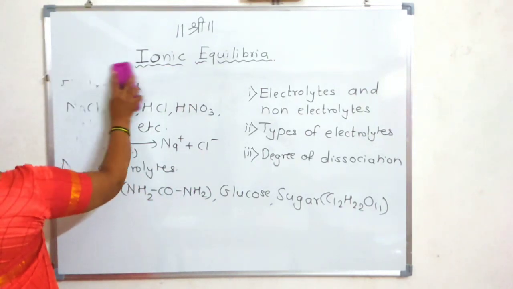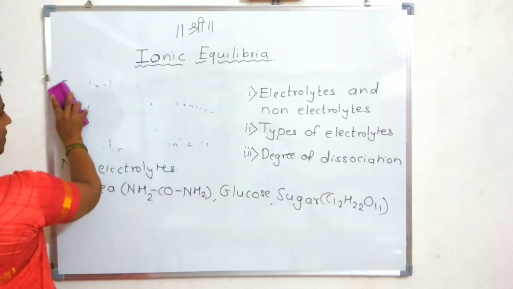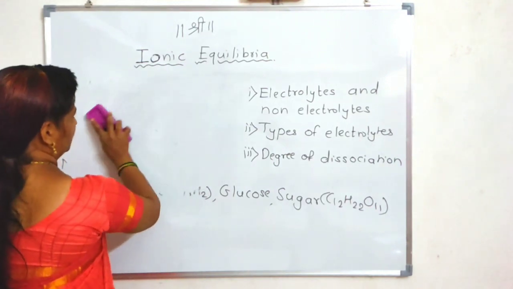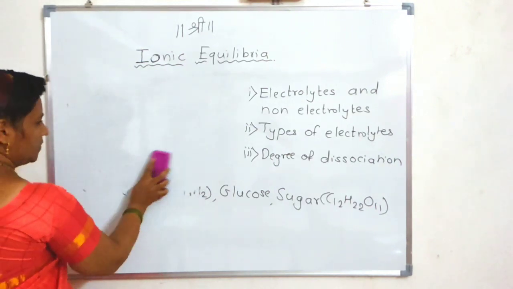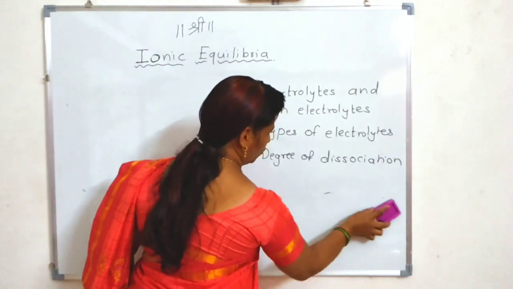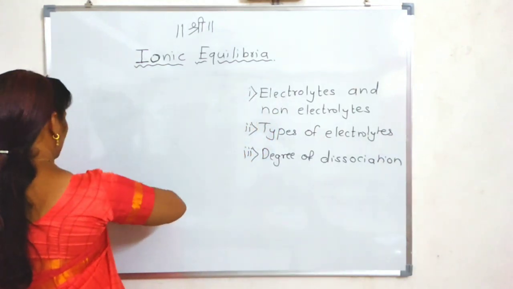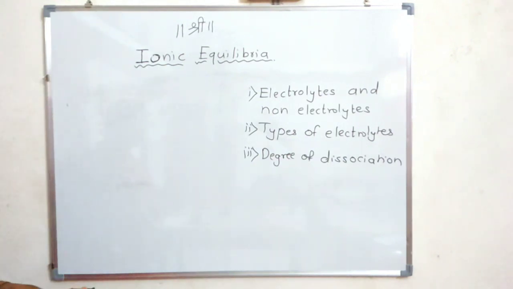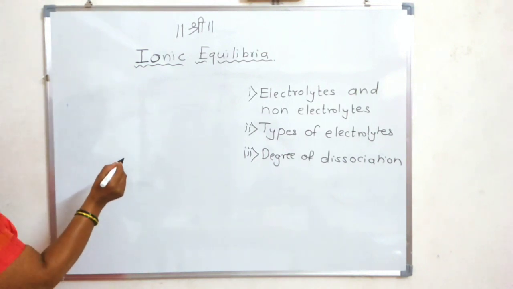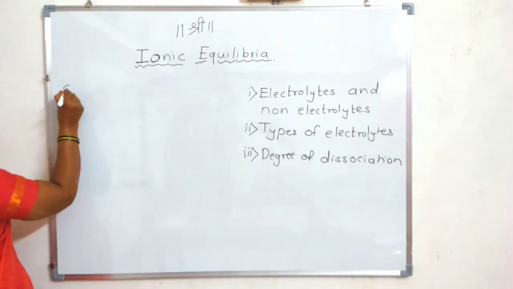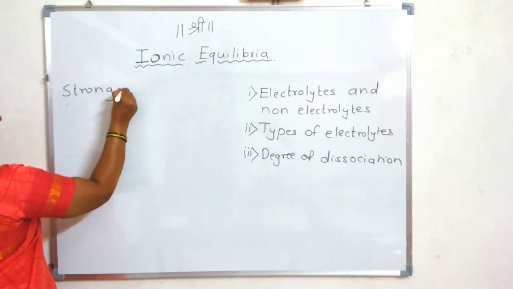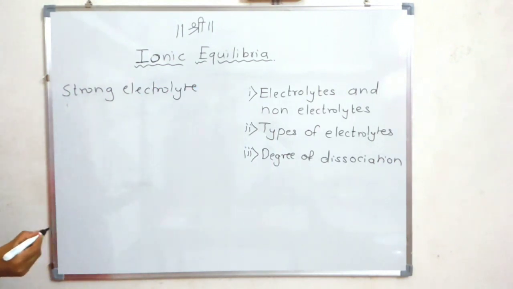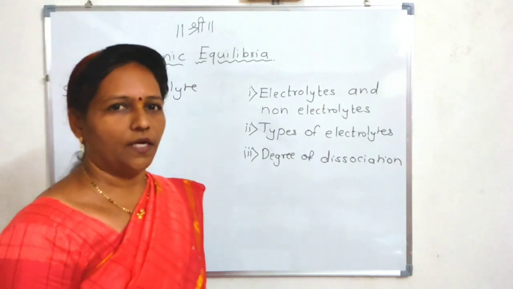Then we will see the next point of this topic, that is types of electrolytes. We know that an electrolyte gives rise to ions in aqueous solution. Electrolytes are classified into two types: strong electrolytes and weak electrolytes.